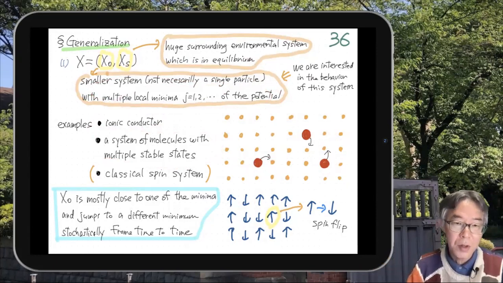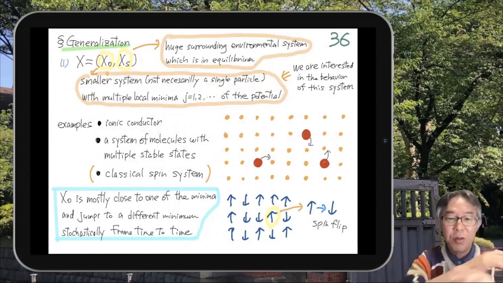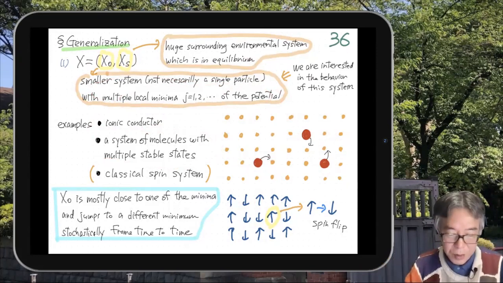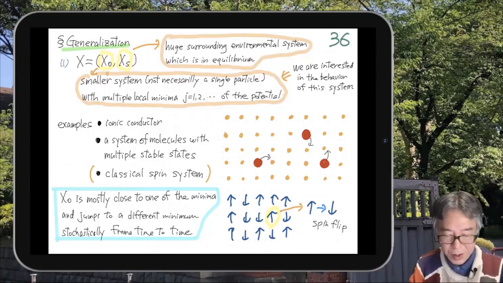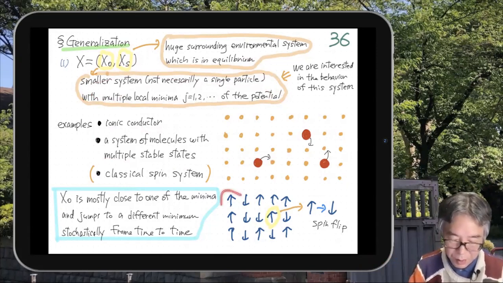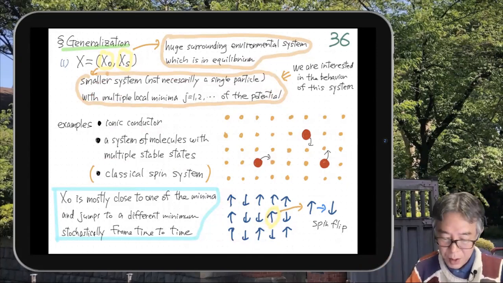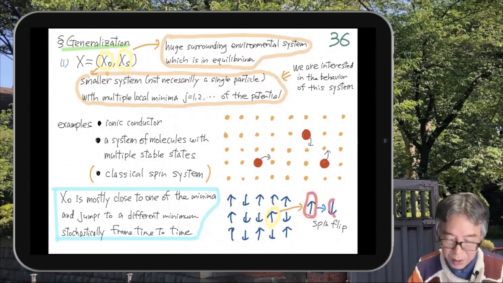Or you can consider a spin system. Real spin is a quantum mechanical object, and you have to use quantum mechanics to describe it, but you can think about a classical system like the Ising model, in which you have a lattice, and on each lattice site you have a degree of freedom which you call spin, which may take an up state or a down state.